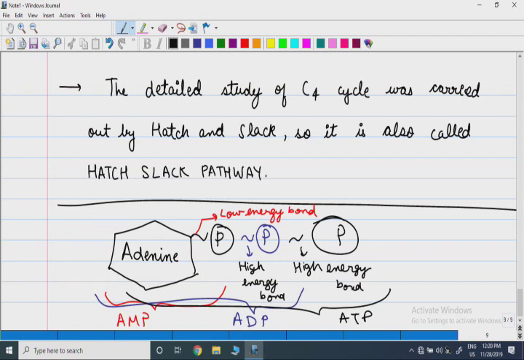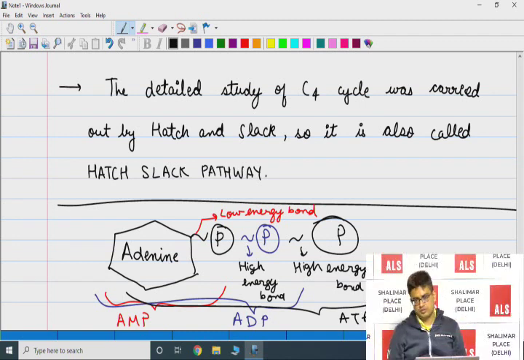Normally we do not break the second bond because it acts as a sort of energy reserve. But if you convert one ATP into AMP, you are consuming 2 moles of high energy phosphate bond. That is equivalent to 2 ATP.